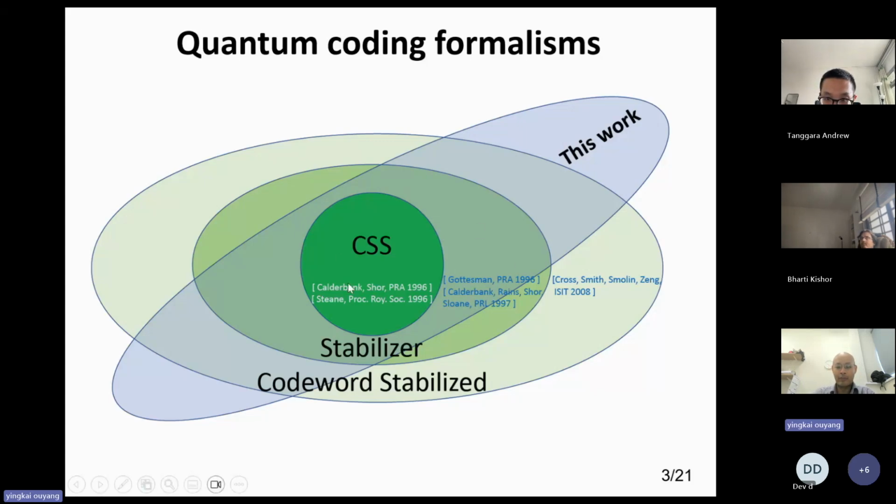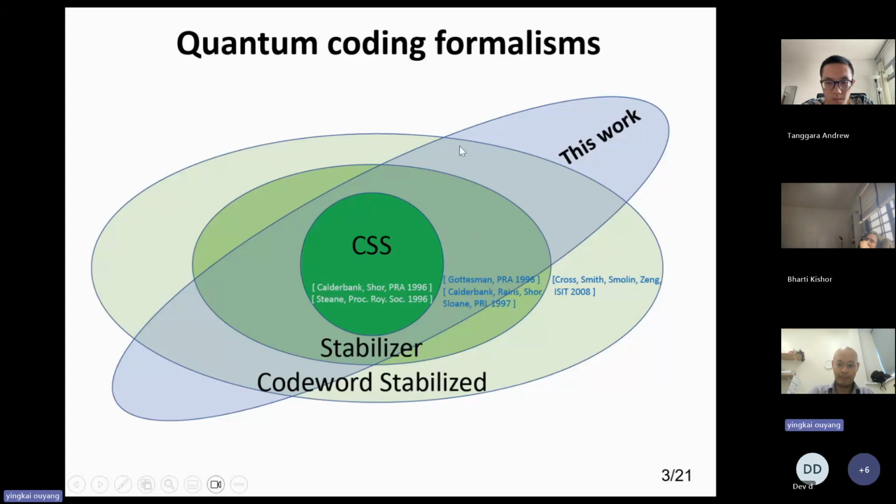Fortunately, there have been very nice and successful formalisms, such as the stabilizer formalism, the CSS codes, and further generalizations, where the idea is that you pick some classical structure with some promised properties, and from there you can construct the corresponding quantum error correction codes. So this paper follows a similar flavor, where we take a classical code as the ingredient, and as the output we get a quantum error correction code.